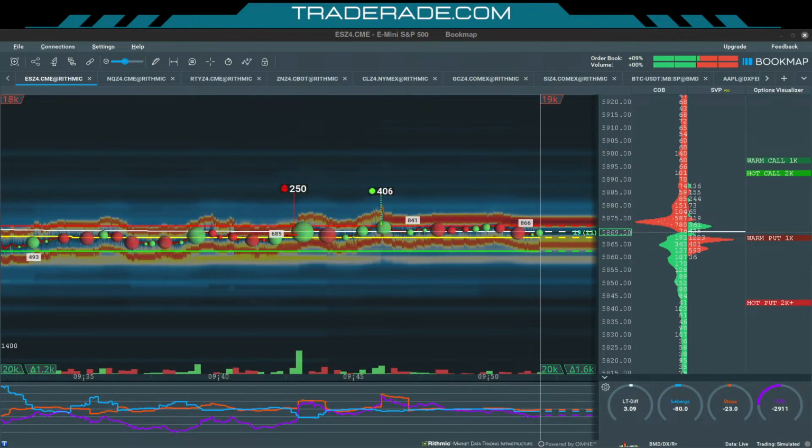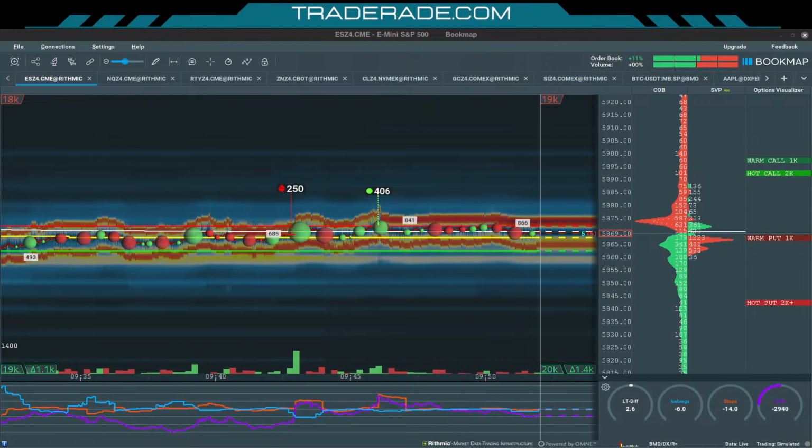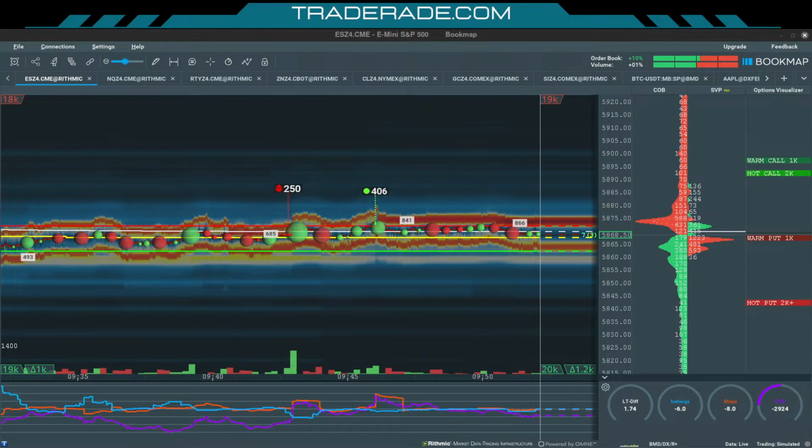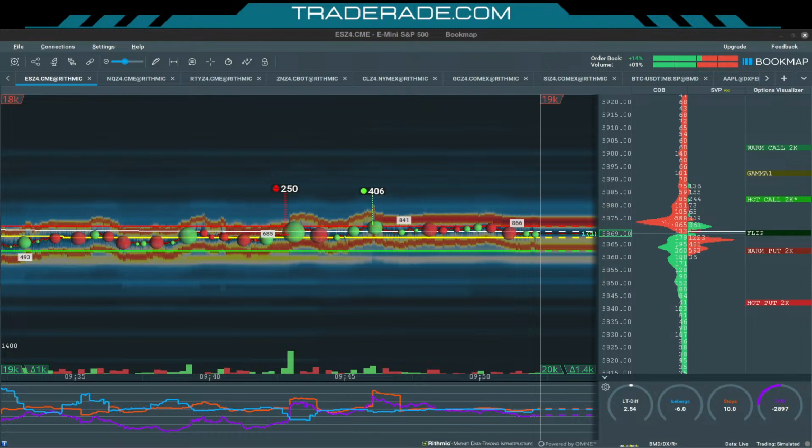So hot call, 58.92.25. Hot put, 58.42.25. And intraday put call ratio currently 0.96. And that most active put would imply SPX cash 5,800.